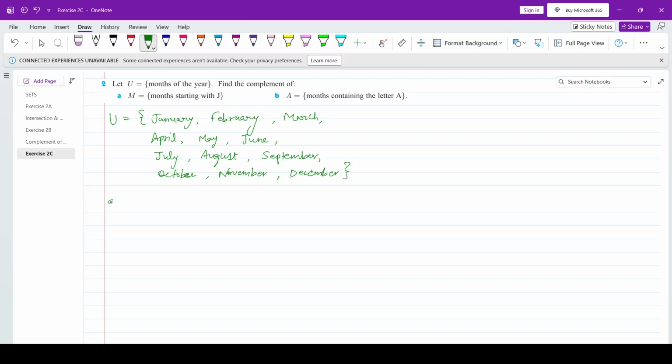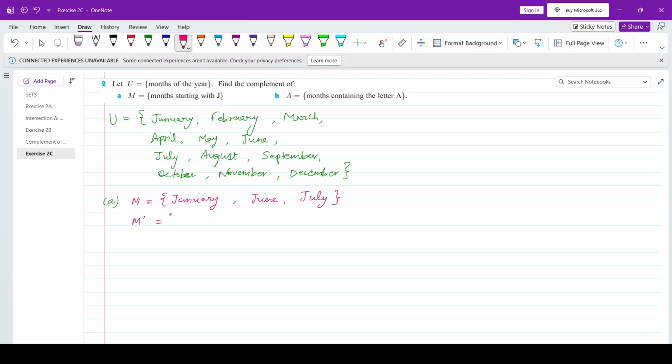Now part A says M is a set containing months starting with J. So M will be a set containing months that start with J. That will be January, June, and July.